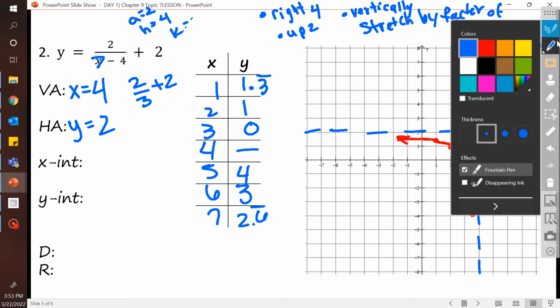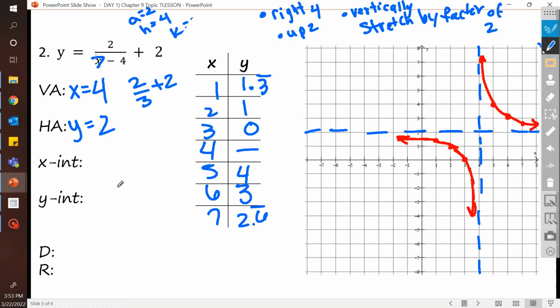Okay, let's take a look at our intercepts. You can find the x-intercept by plugging in 0 into the equation. I haven't done that yet, so let me plug 0 into the equation. So plugging in 0, I get 2 over negative 4 plus 2. That's negative 1/2 plus 2. So that's like 1.5.